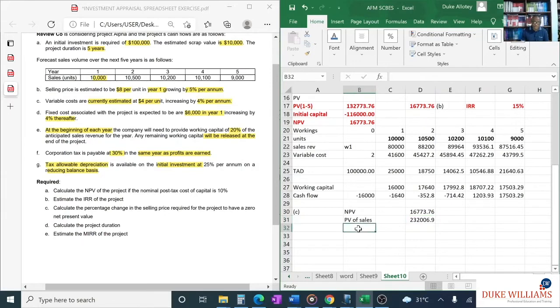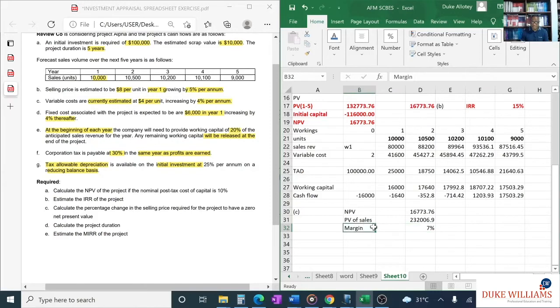So then it means that my sensitivity margin will simply be equal to that value divided by that. Again, I can keep that in percentage, 7% or whatever it is there.